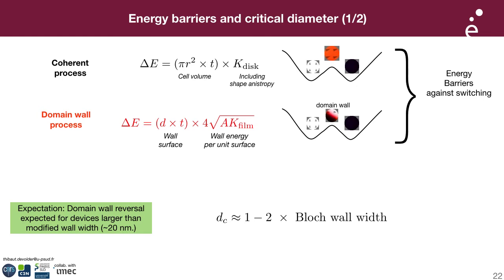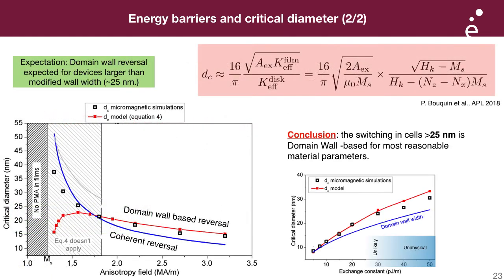Okay. So in practice, you can do it in a more rigorous way by calculating exactly when this crossover happens. So the critical diameter will change with the anisotropy field and with the exchange constant of the magnetic metal.